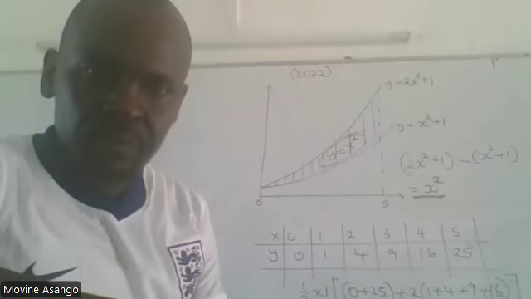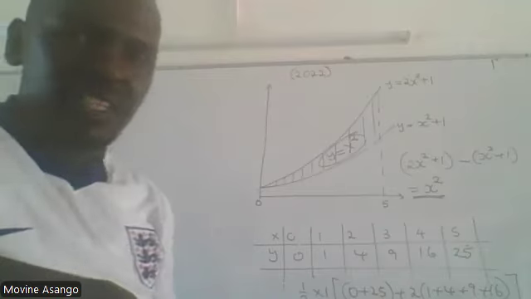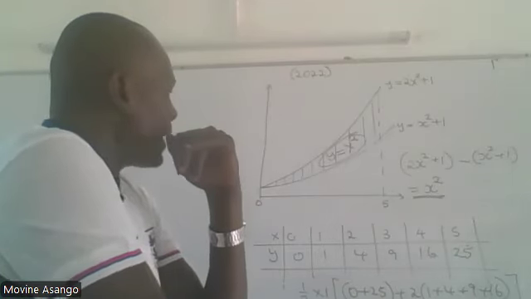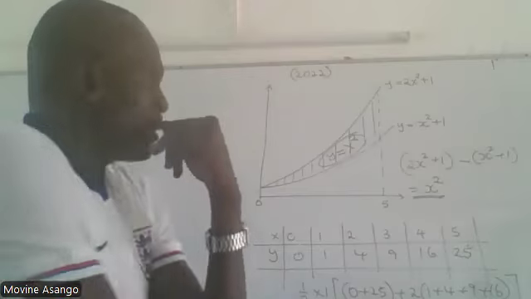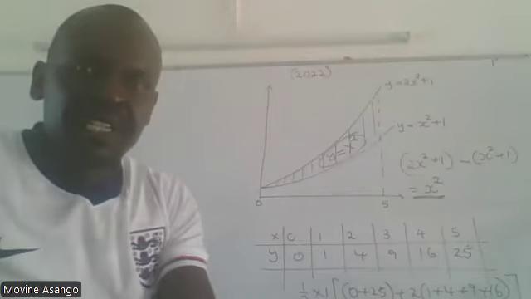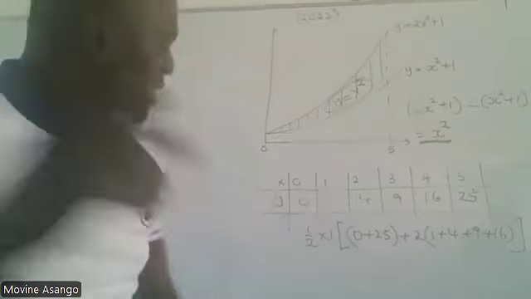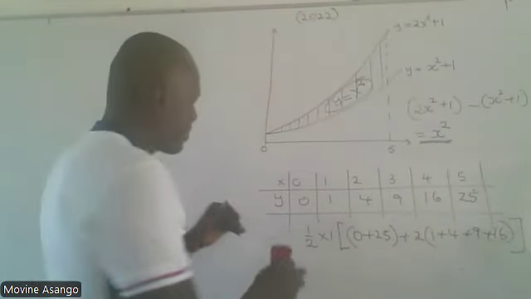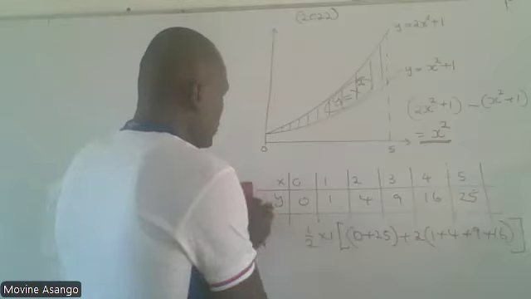When the candidates were asked to get the same area using mid-ordinate rule, and now using 5 strips, it means we have to create a new table.